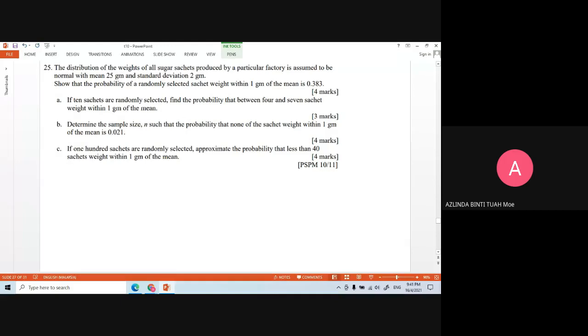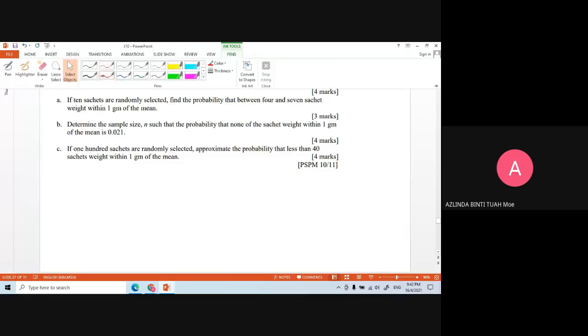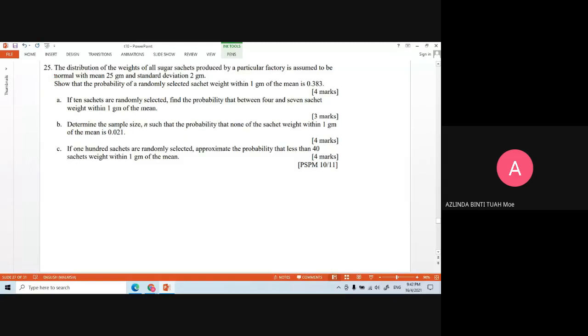Kena berhati-hati dengan perpindahan antara subtopik ke subtopik. Jangan confuse dengan binomial sahaja, atau normal sahaja, atau distribution approximation yang bahagian 10.4. Kena hati-hati dengan setiap soalan. Kalau direct daripada soalan dia dah mention normal, jadi berhati-hati dengan cara kamu pilih method jawab tu. So yang atas sekali ni normal sahaja.